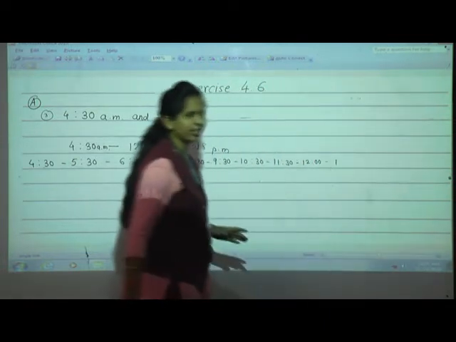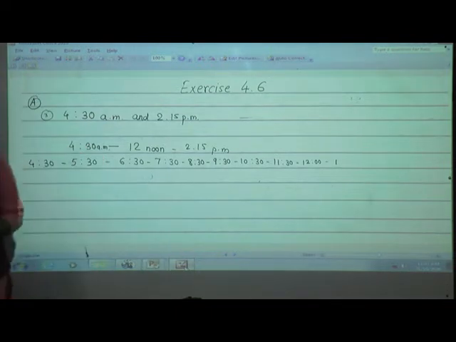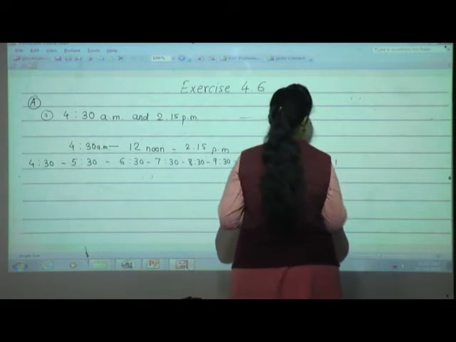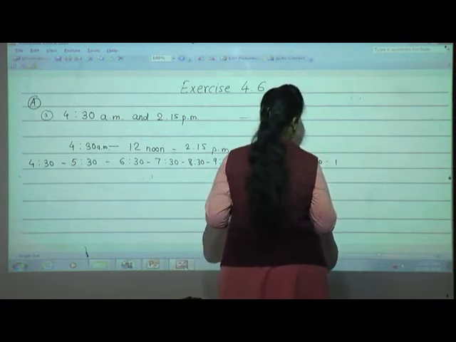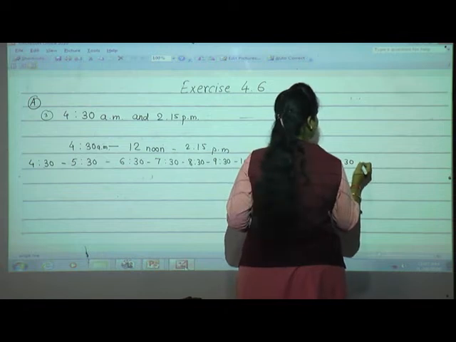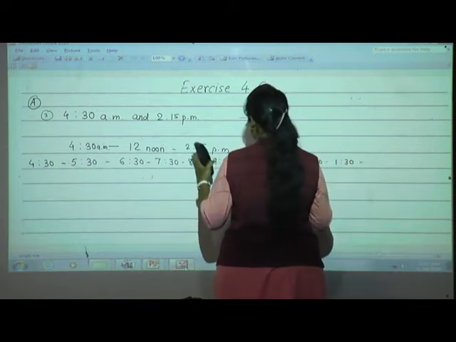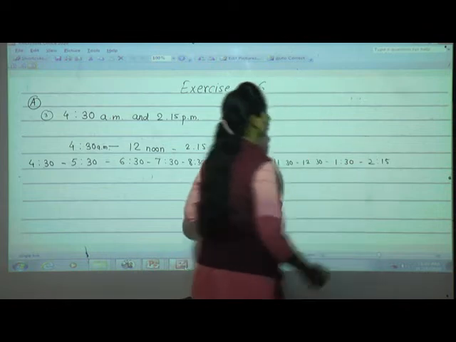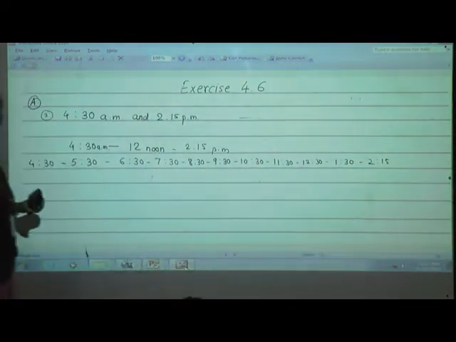Or else you can write 12:30 also. Okay, doesn't matter. Just keep in your mind AM and PM. I'll go with 12:30, 1:30, 2:30 we cannot write because here it stops at 2:15 only. Okay, so I'll end with 2:15.